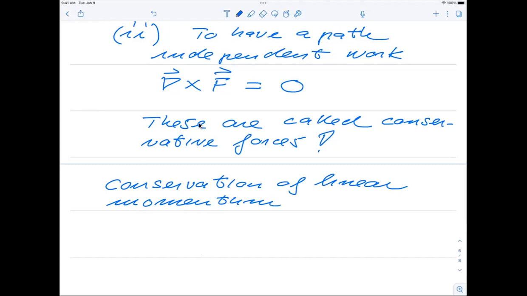Yeah, there's a very good question in the chat here. The question is, if a quantity is conserved, does that mean it's conserved on all axes? For instance, if energy is conserved, does that mean that energy in the X, Y, and Z direction is also conserved?